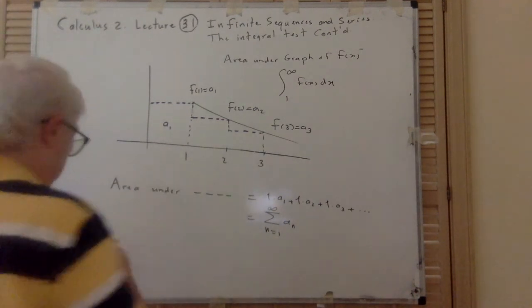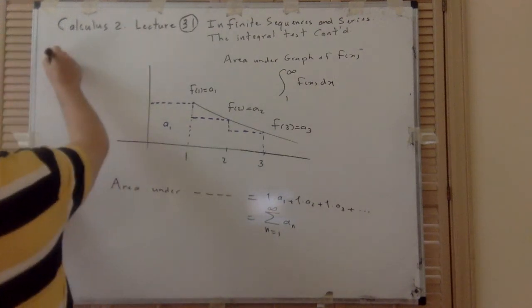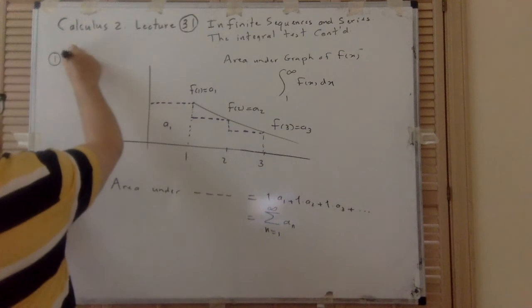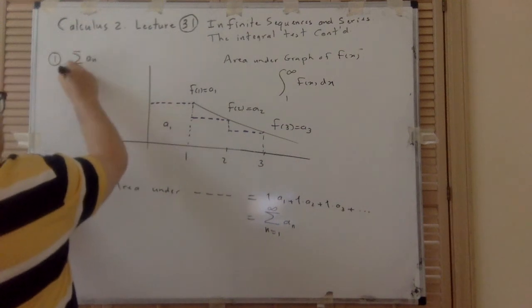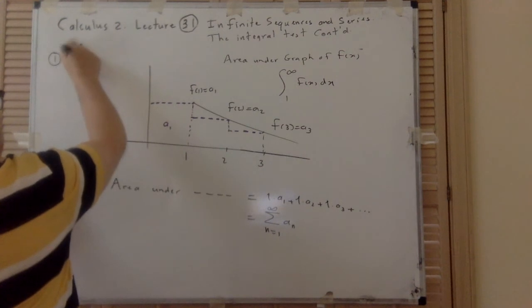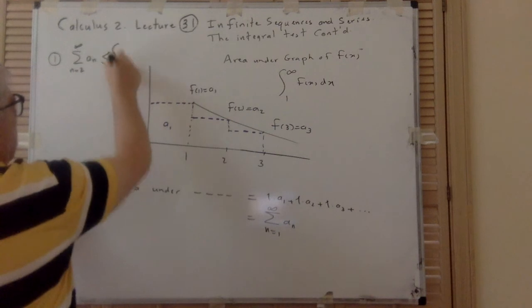So one result is that the sum of a_n, with n starting at 2 to infinity, is less than or equal to the integral.